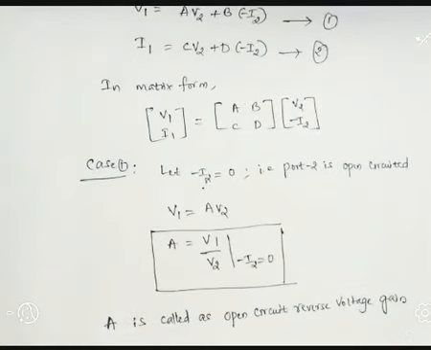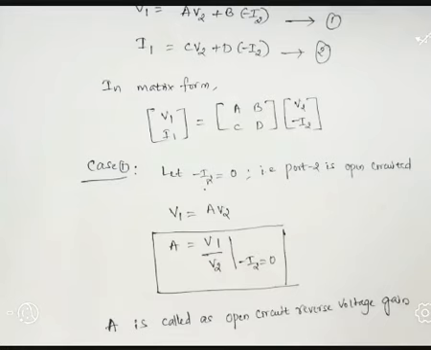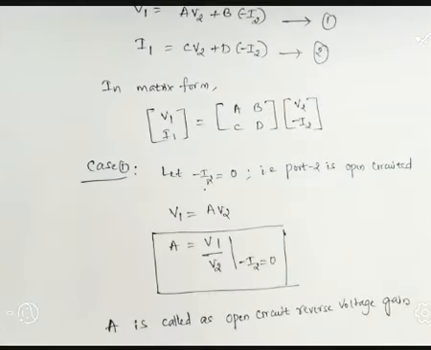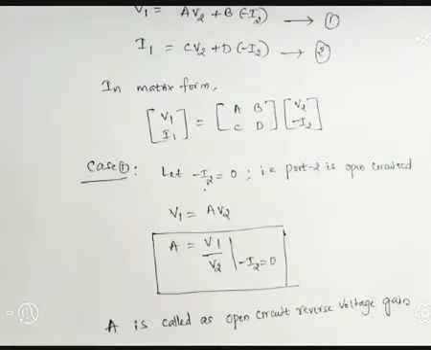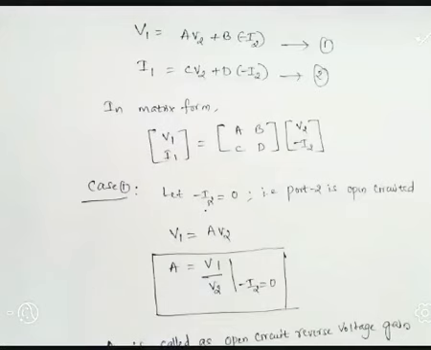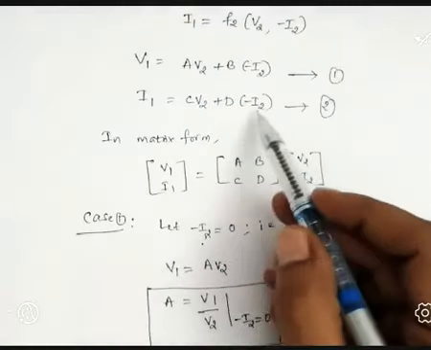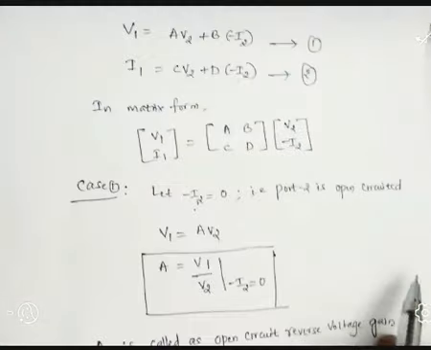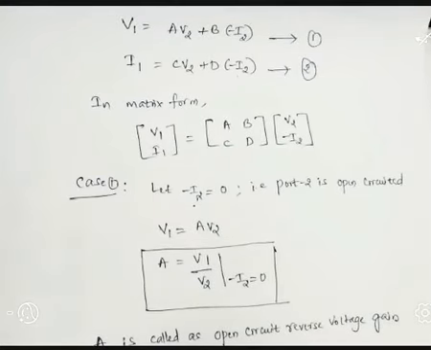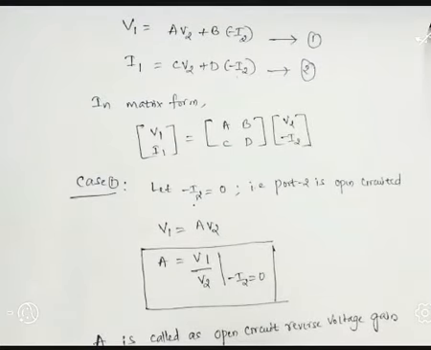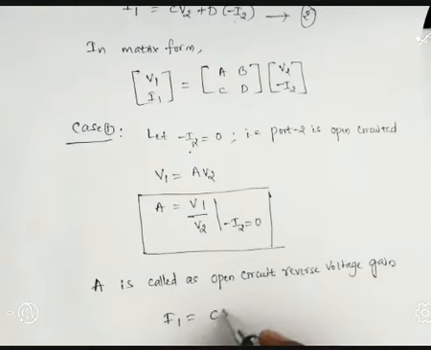What is next? Similarly, substitute I2 equal to 0 in equation 2. If I substitute I2 equal to 0 in equation 2, I will get I1 is equal to C V2.